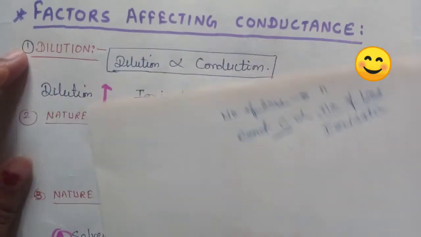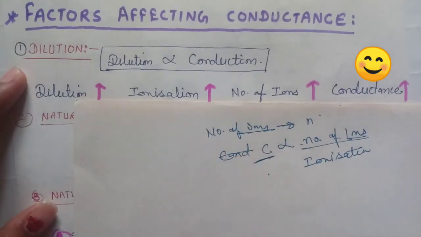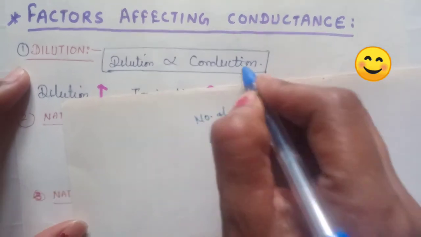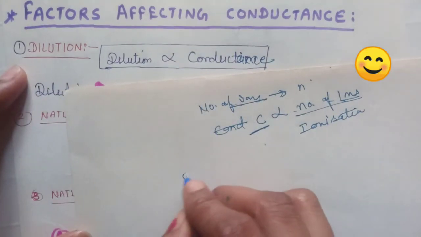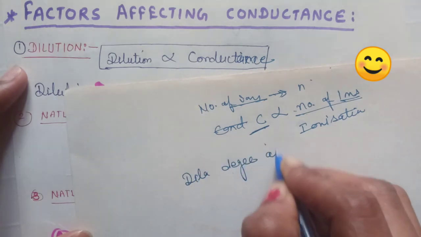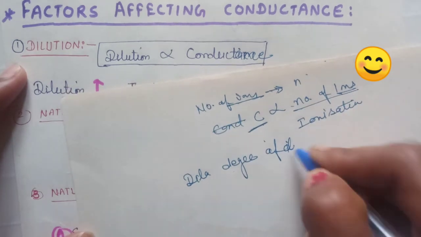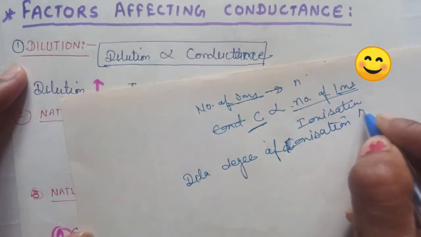Okay, so first of all we will discuss dilution. Dilution is directly proportional to conductance. Why? We know on dilution the degree of dissociation, or we can say degree of ionization, increases.